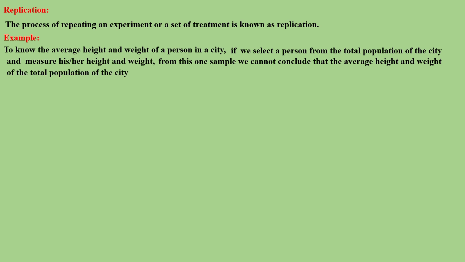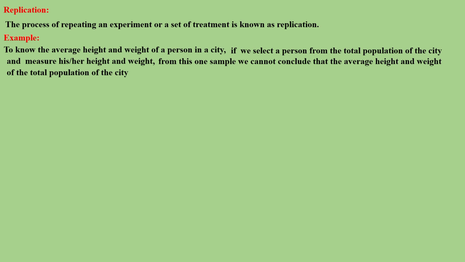If you want to know the average height and weight of the people in your street, you cannot conclude it by choosing any one person from your street and measuring his height and weight, because all the people will not be the same height and weight.